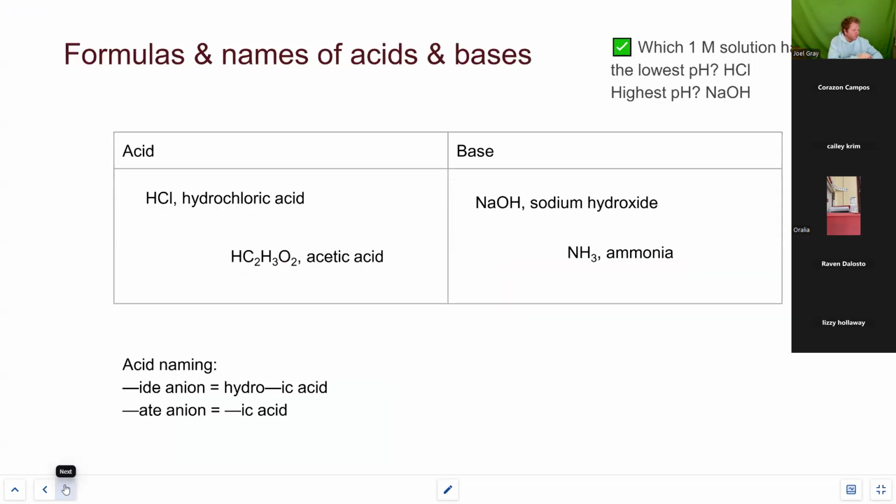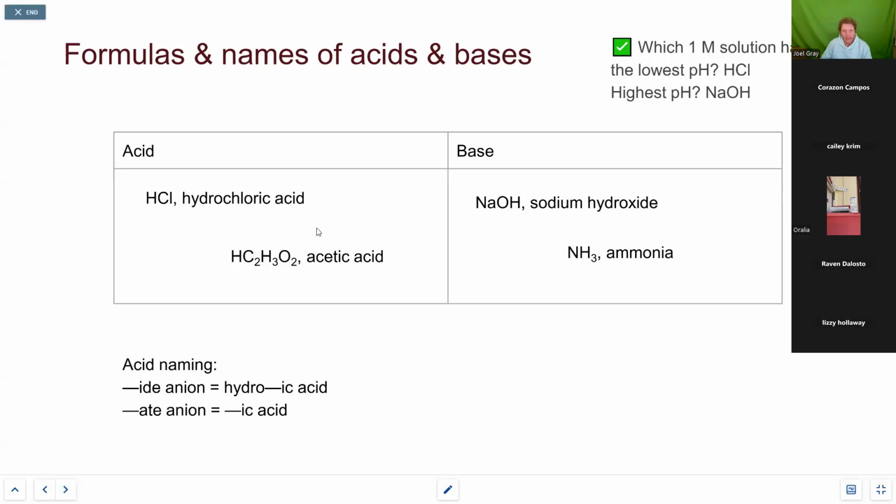Now when we look at formulas and names, that's where we can decipher some common names for acids.